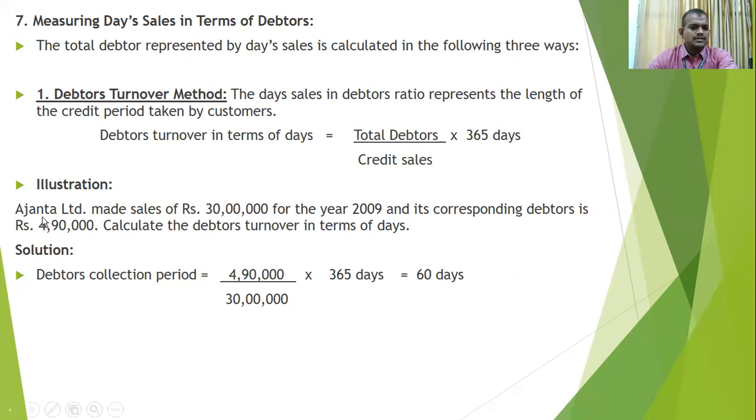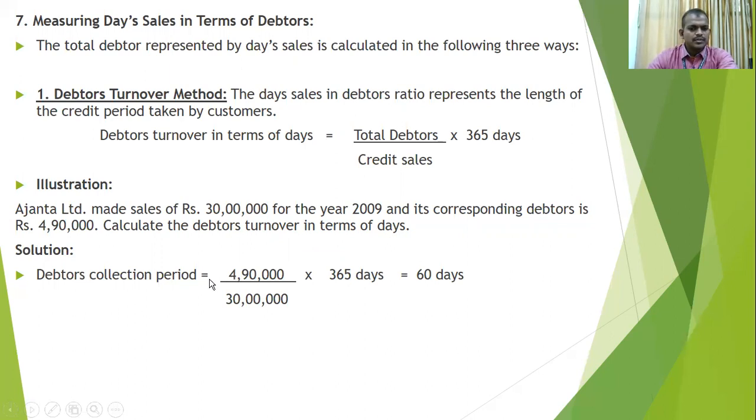So this is the illustration. Ajanta Limited made sales of 30 lakhs for the year 2009, and its corresponding debtors is 4,90,000. Calculate the debtors turnover in terms of days.